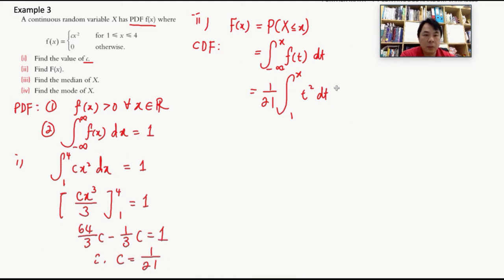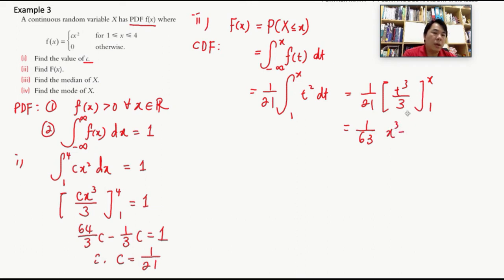So from here, the integration would yield 1 over 21, that is t cubed over 3 evaluated from 1 to x. So that will be 1 over 63 times x cubed minus 1. And then there you have it.